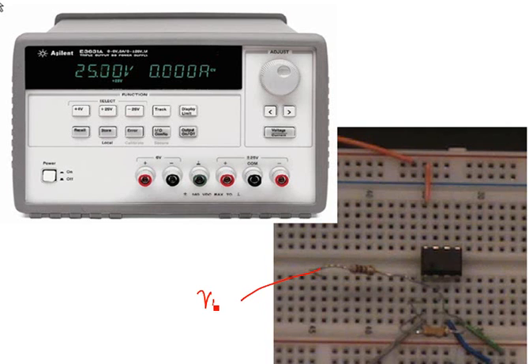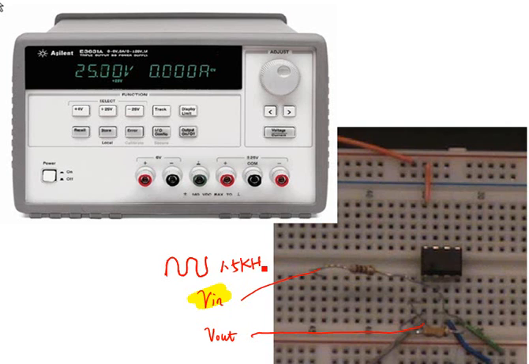The input signal of the circuit should be sent to the 1 kilo ohm resistor. The output should be obtained through pin 1. Here we are interested in the gain of the circuit, that is the output voltage over the input voltage. So we need to show both the input and output on the scope.